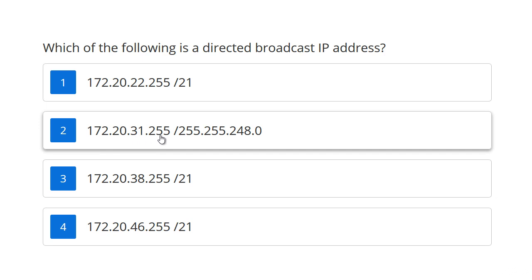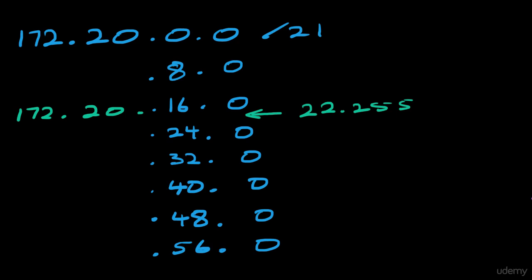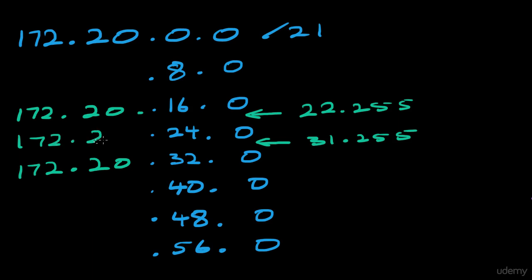172.20.31.255. 31.255 is in between here, 31.255. 32.0 is this network ID, 172.20.32, and this is 172.20.24. 31.255 is in between 24 and 32.